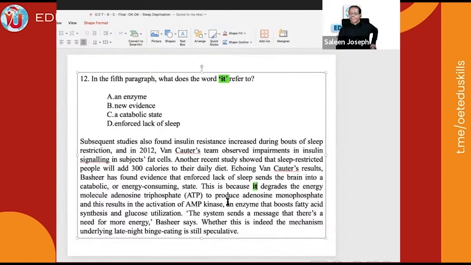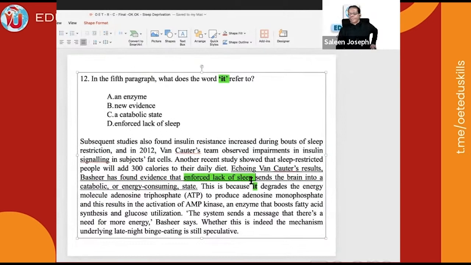I said, let's go to the previous sentence, the first strategy. Okay, what is the previous sentence? This is the previous sentence, okay? And what is the subject of the previous sentence? Bashir has found evidence that enforced lack of sleep is the subject.